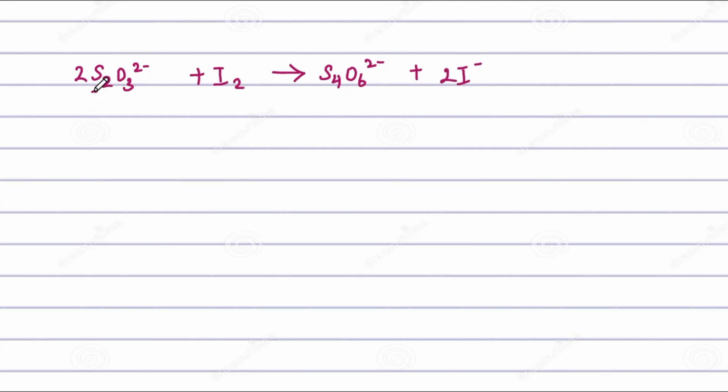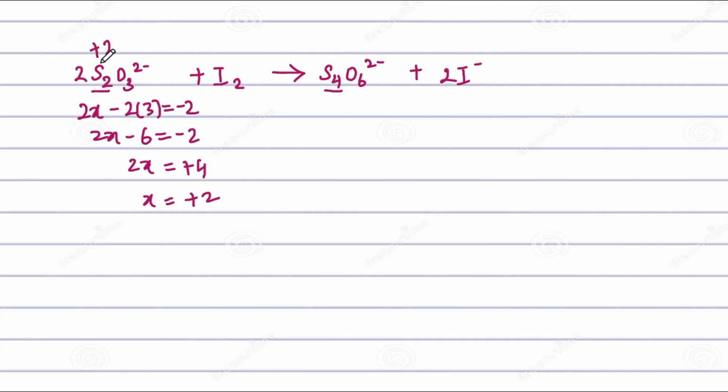Let us calculate the oxidation state of sulfur in reactant and product. 2x minus 2 into 3 equal to -2, 2x minus 6 equal to -2, 2x equal to +4 and the value of x is +2. So, in reactant, the oxidation state of sulfur is +2. Let us find in product: 4x minus 2 into 6 equal to -2, 4x minus 12 equal to -2, 4x equal to +10.